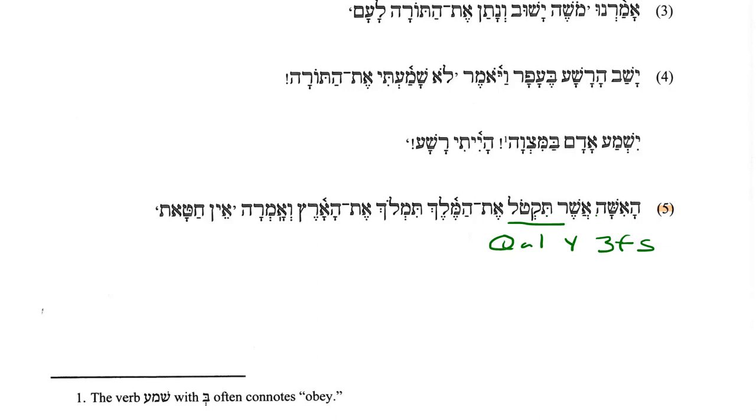So the woman who, and let's begin to write this out so we can start to get our bearings. So we have the woman who literally will kill. Let's just leave it like that for right now. The woman who will kill, and then what will she kill? Well, here we have et hamelech. Et is the direct object marker for the verb kill, and then we have the king.